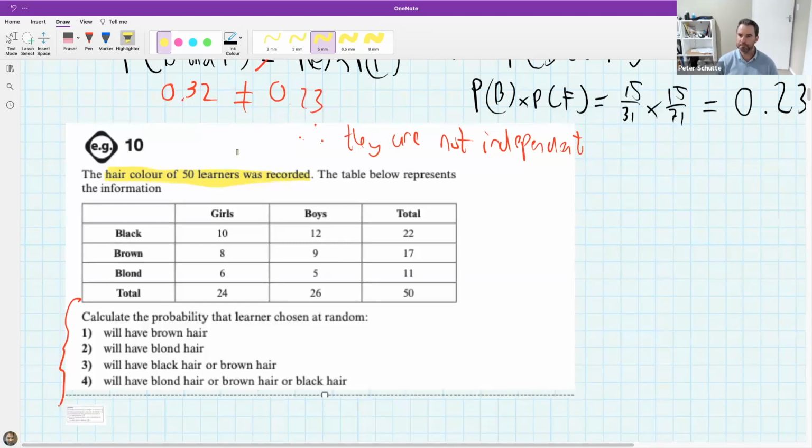Okay, let's do 1 to 4. Okay, so why was the denominator of the probability of number of boys who like football 31?